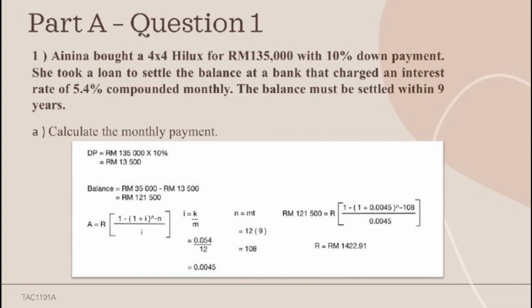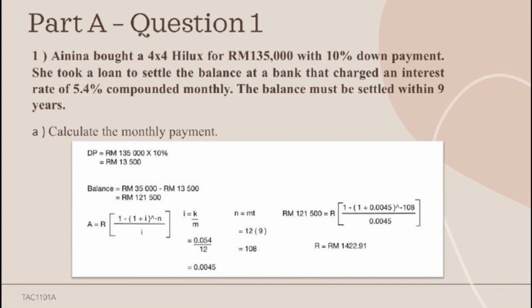After that, we need to put it in the formula. 121,500 equals R in bracket 1 minus in bracket 1 plus 0.054 over 12, the power of negative 108, over 0.054 over 12, because 0.054 over 12 is i, negative 108 is n. Next, we need to change the position of 121,500 to the right, so the R will be on the left.